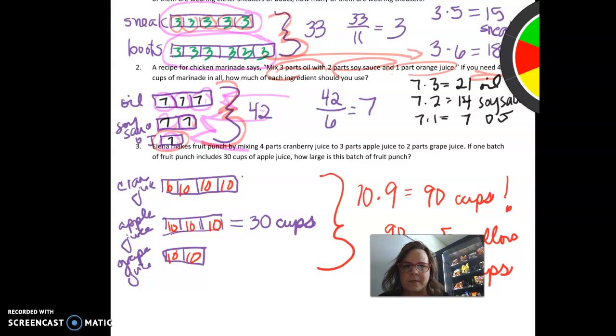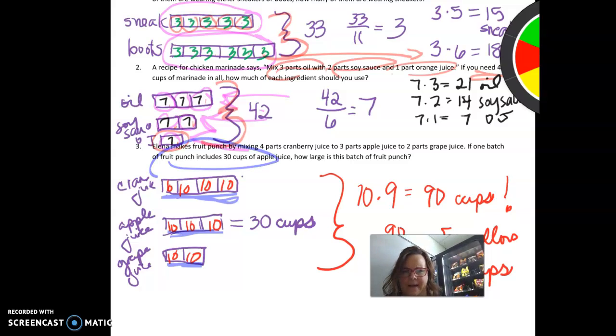I started with the ratio, the 4 parts of cranberry juice to the 3 parts of apple juice to the 2 parts of grape juice. And then I know that the apple juice equals 30. So I divided that 30 by these 3 parts. And I got that each part has a value of 10. So now I know that every part has a value of 10.